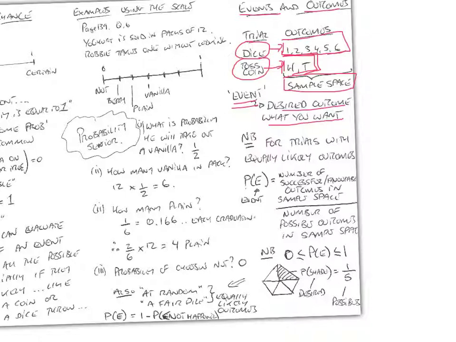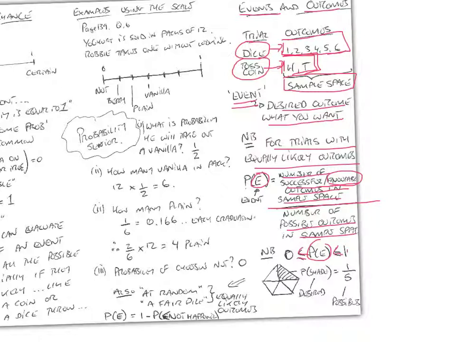And for trials with equally likely outcomes, we have this formula that the probability of the event that you want happening is equal to the number of successful outcomes in the sample space, or favourable is another word, divided by the number of all the possible outcomes in the sample space. So we would go further to say that the probability of any event is always between 0 and 1.